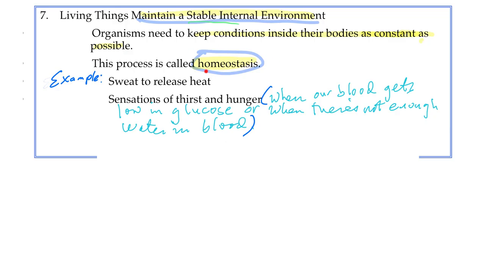Okay, very important. Example, we sweat to release heat. If the heat were to be kept in our bodies or in the cell, this would damage the proteins that are doing the work to keep the cell alive.